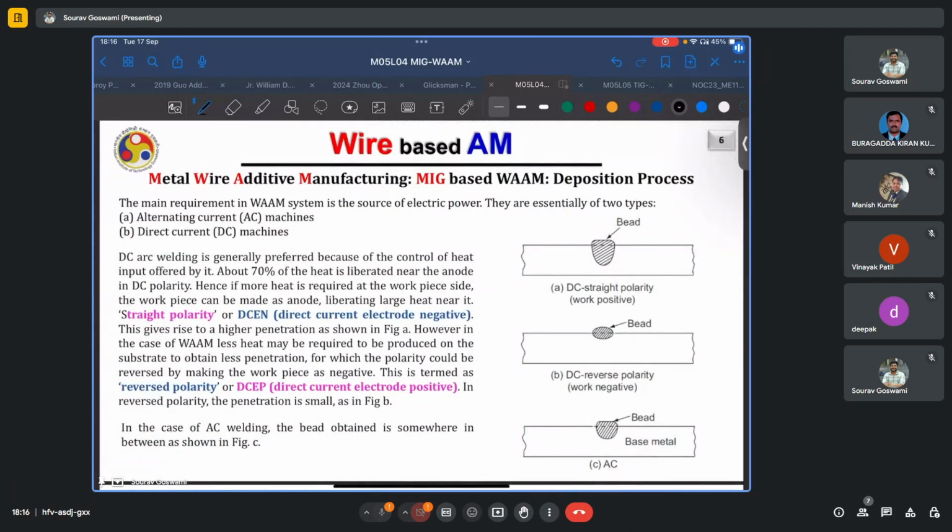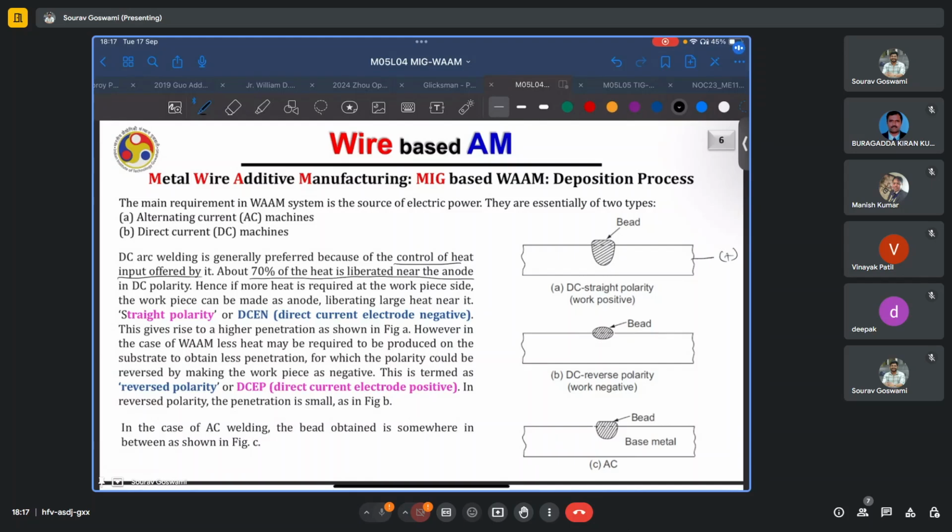Now, based on whether you are working with a DC power supply or an AC power supply, the deposition characteristics change. DC arcs are typically preferred because you can control the amount of heat input. And in the case where the work is given positive polarity, about 70% of the heat is liberated near the anode, or the work.